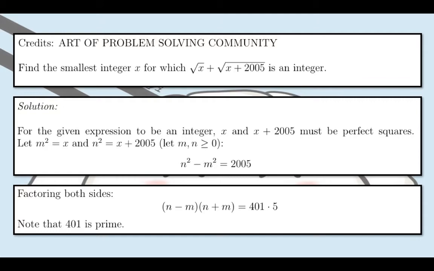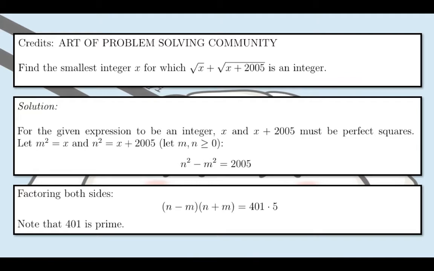Now, since m and n are integers, we can use the concept of factoring. We can factor the left-hand side of the expression since it is a difference of two squares. We can factor it into n minus m times n plus m, and then the right side we can prime factorize 2005.